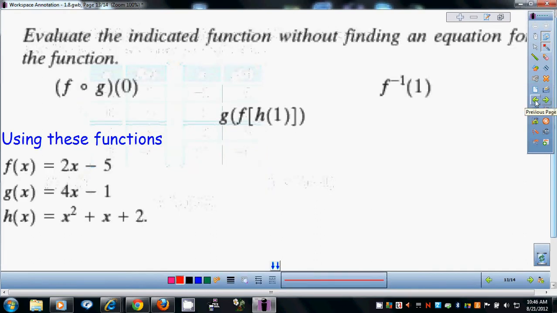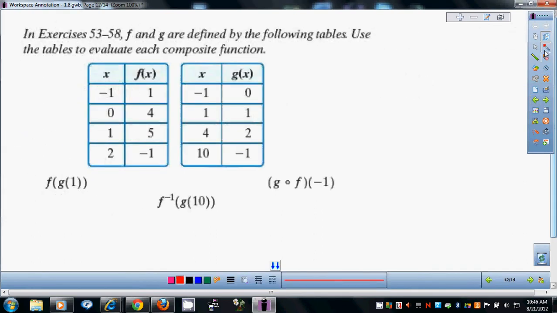These last two are my favorite two slides of the thing because they don't require much actual math. It's just kind of a word search. Or we're going to kind of work inside out. First thing, what is g of 1? So you go to your g function, find where x is 1, and what's my y value? 1. So now I'm going to find f of 1.